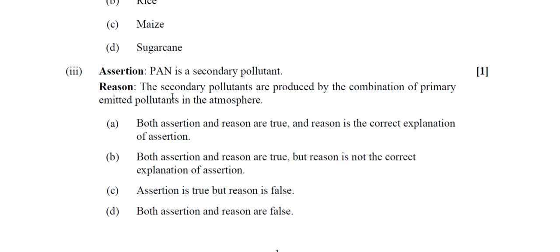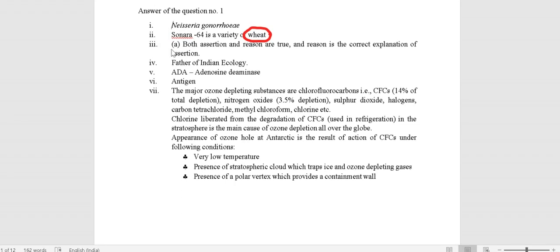And the reason given, that these secondary pollutants are mainly produced by the combination of primary emitted pollutants in the atmosphere, is also correct. So the first option, both assertion and reason are true, and reason is the correct explanation of assertion, will be the correct answer.